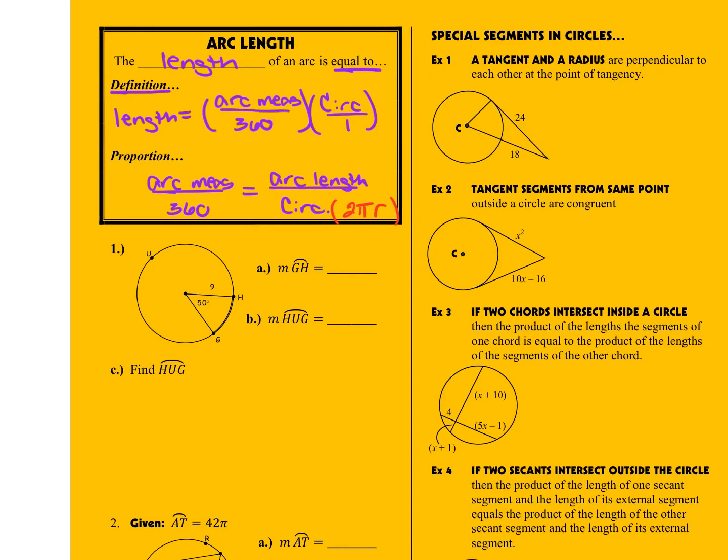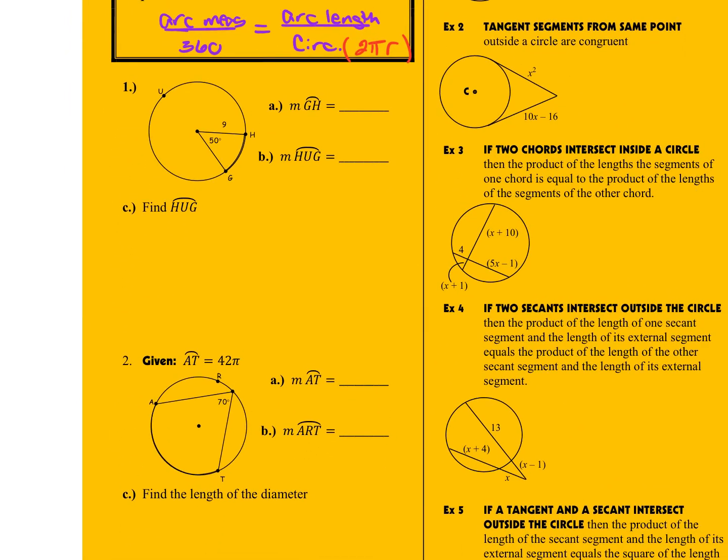So let's take a look here at an example. We're just going to do just this one example right here. The first thing that I want you to notice is that on parts A and B, I've got these m's. This tells us that our answer is going to be in degrees. So back to what we just did in the earlier part of the video, I have a 50 degrees here. I know all the degrees in the circle should add up to 360, so I can fill in this other portion right here of 310 degrees.